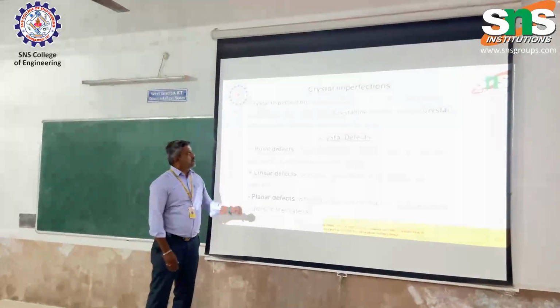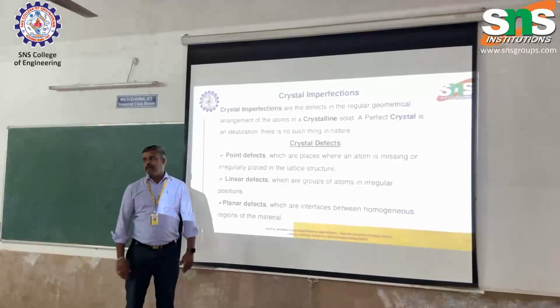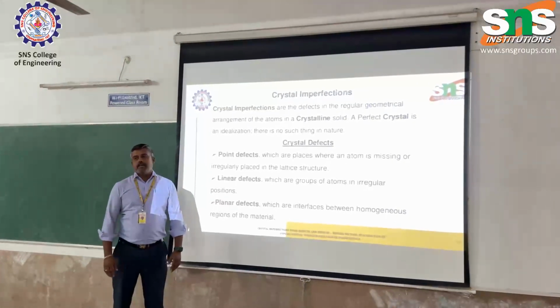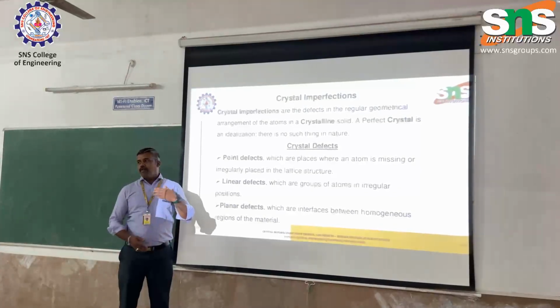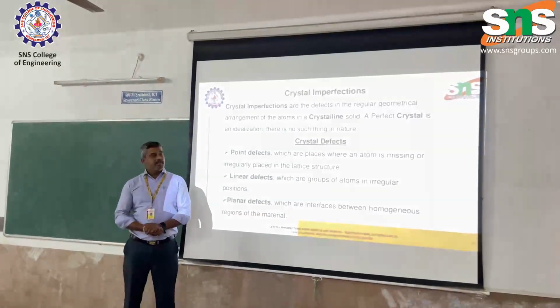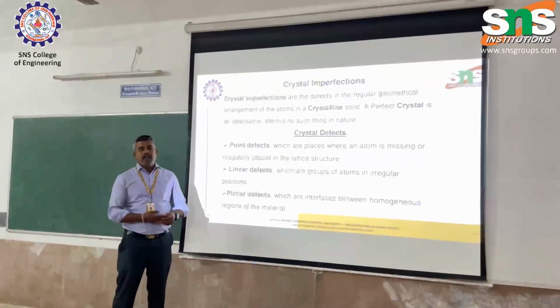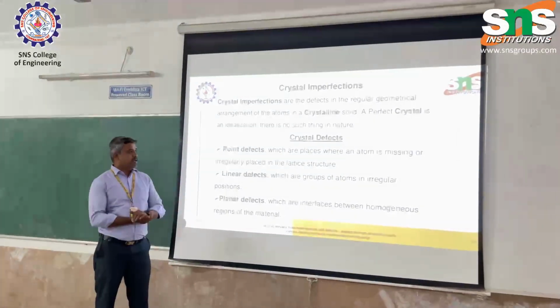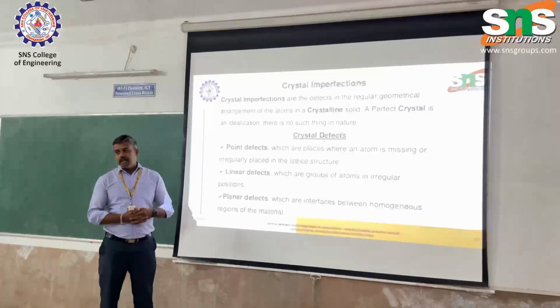So first we discuss what a crystal imperfection is. A crystal defect is a regular or irregular geometrical arrangement of atoms in a lattice, and that is called a crystal imperfection.